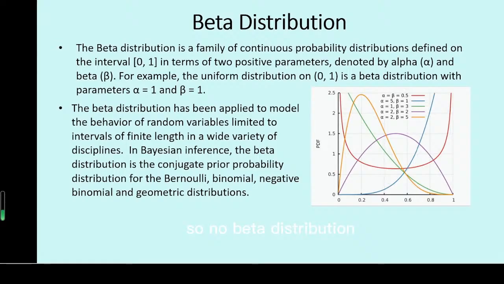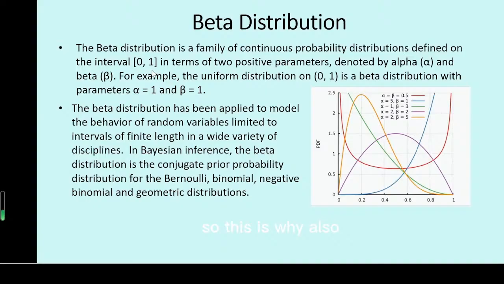So we know beta distribution is actually a family of continuous probability distributions defined on the interval 0 and 1. In beta distribution, the random variable is a value between 0 and 1.